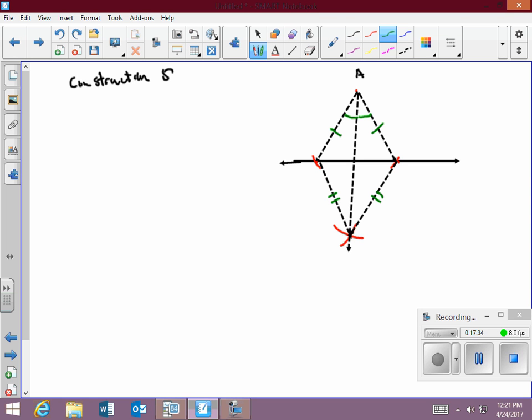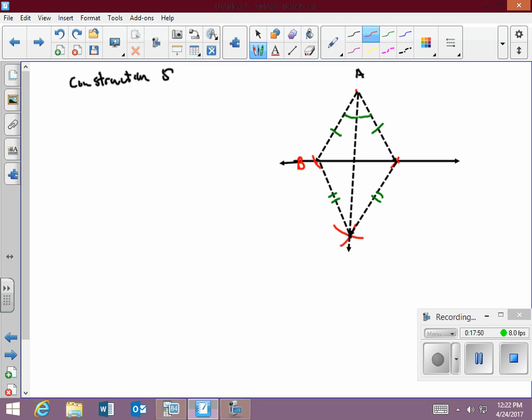Okay. So now we can prove that this is the perpendicular bisector of that line segment. So I'm ready to set that out.